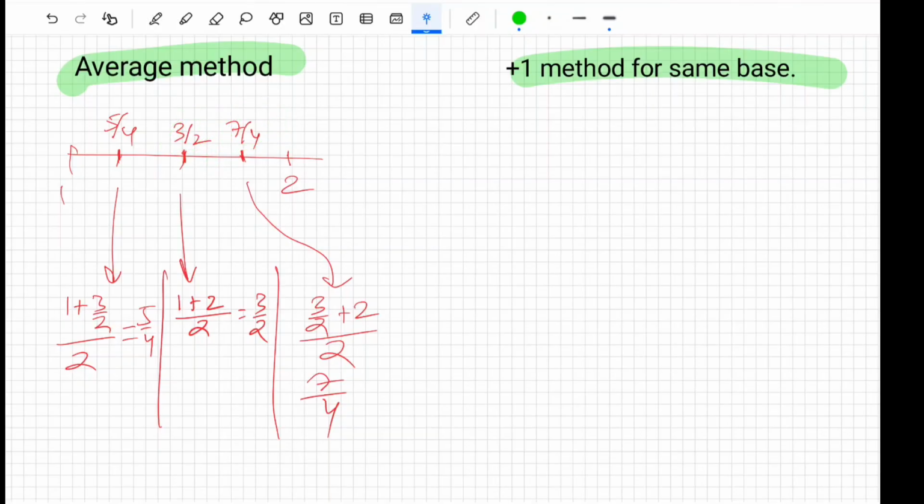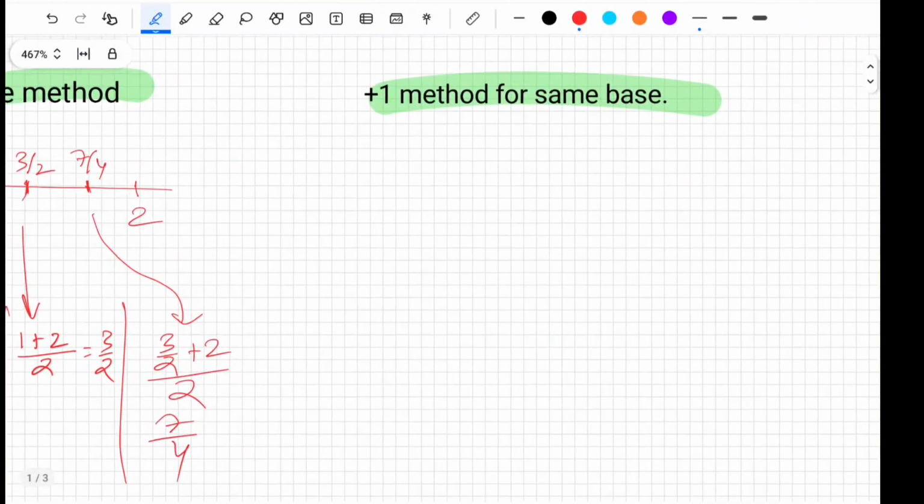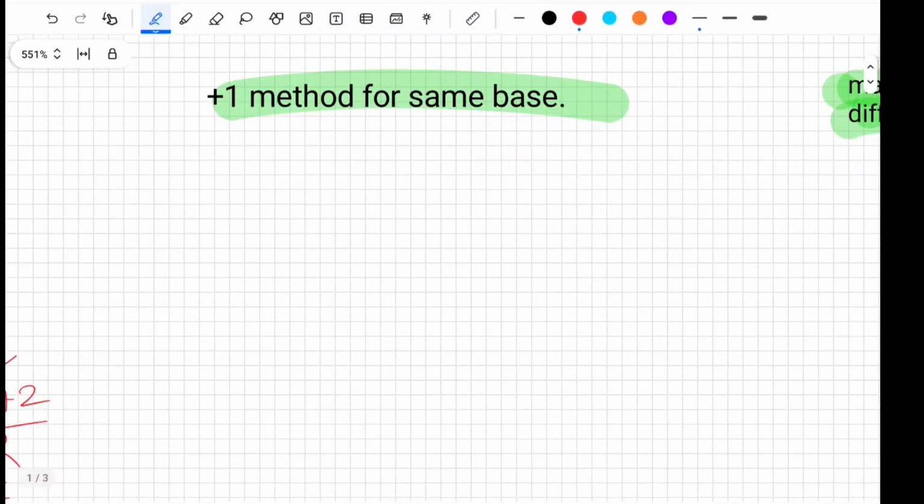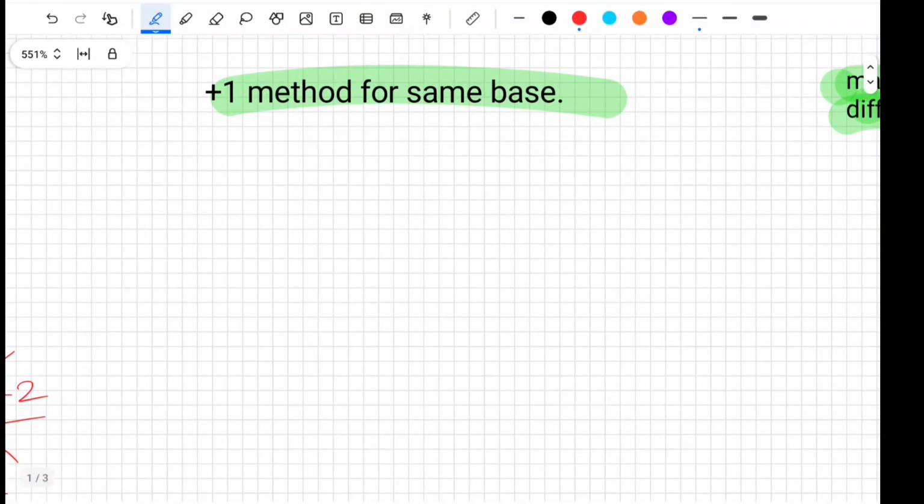We can calculate as many numbers as we want, but here we have to take the average each and every time. So it's quite a tedious process. So we will see how to calculate by the plus one method if the base is the same.